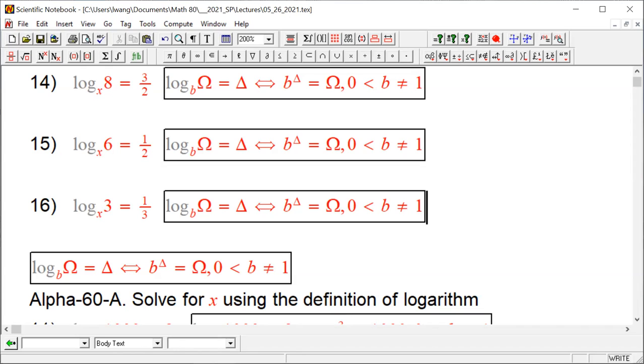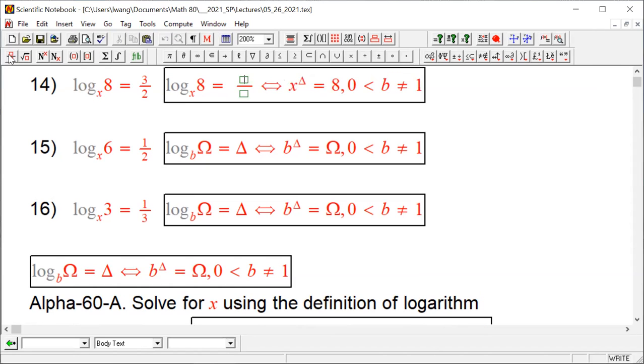How's it going? So we have x here. x is the base, right? x is the base. Omega, that's 8, right? Base is x, we don't know. Omega is 8, right? Triangle is 2 under 3.